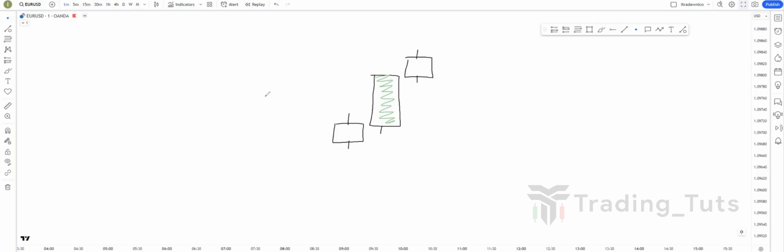Now you have 3 POIs in just one price level, because the first one you're gonna see is the order block right here. So you're gonna take the open of the order block. Then you have the imbalance fill because you have 1, 2, and 3. So you have a gap. Which level are you gonna take? The fill of the imbalance.